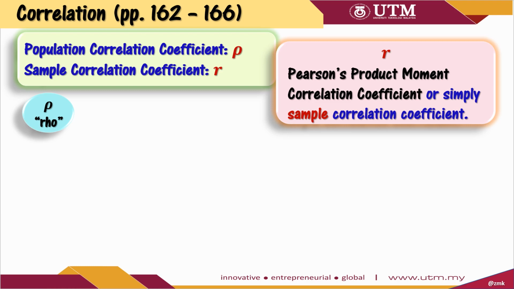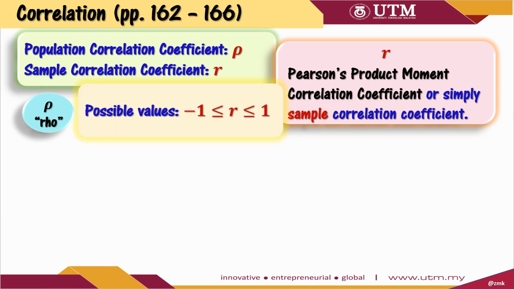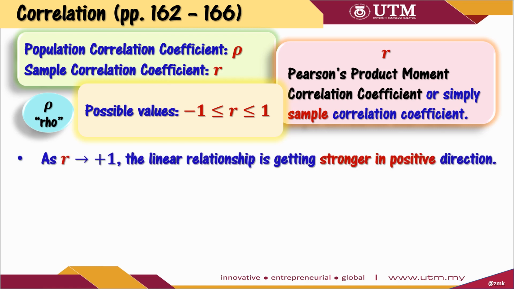Now back to the sample correlation coefficient R, its possible values can only go from -1 to +1. How do we interpret the value of R? Let's look at the following list. As R value goes towards or becomes closer to +1, it implies that the linear relationship between the two variables is getting stronger in positive direction.